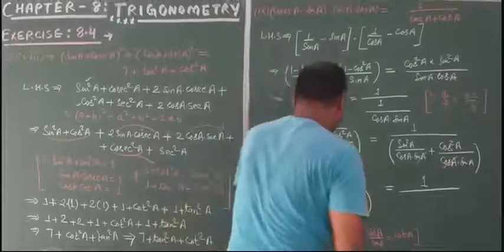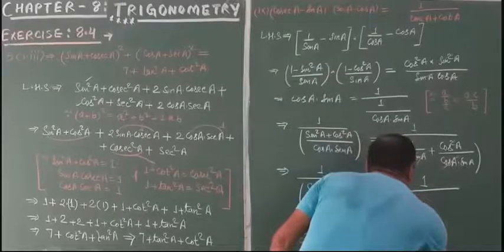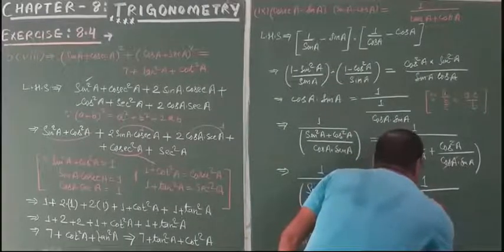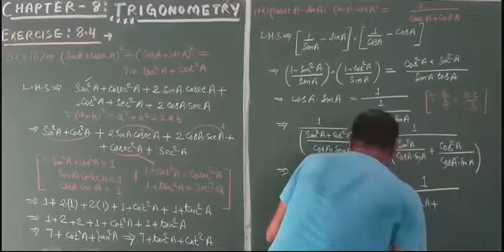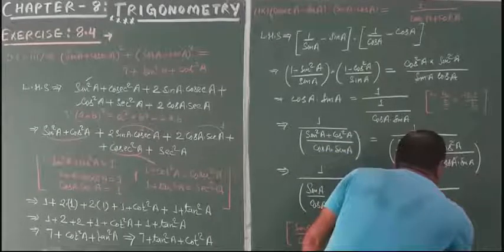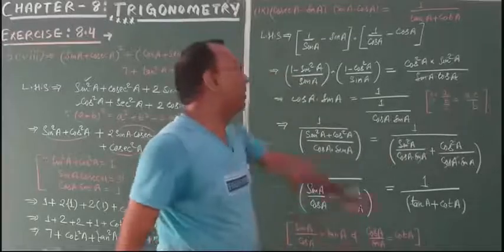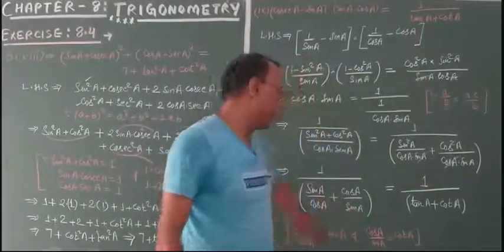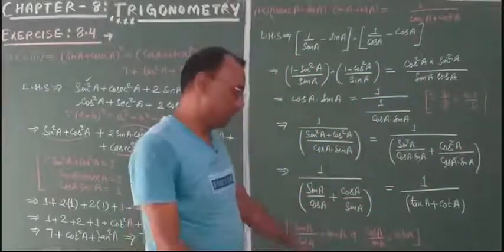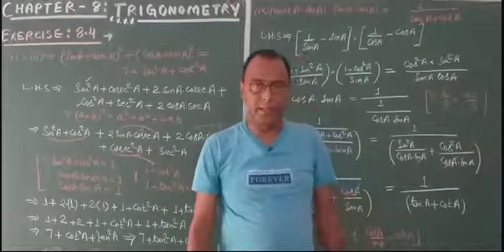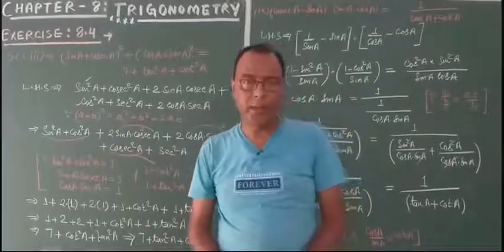So sin A upon cos A is tan A, and this cos upon sin is cot A, and this is our right hand side. So that's all for today. Thank you very much.